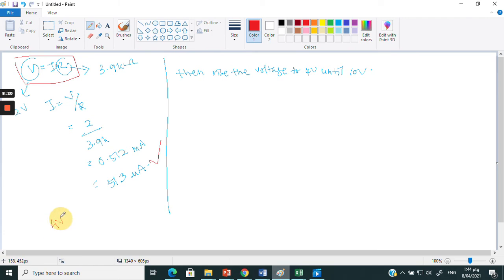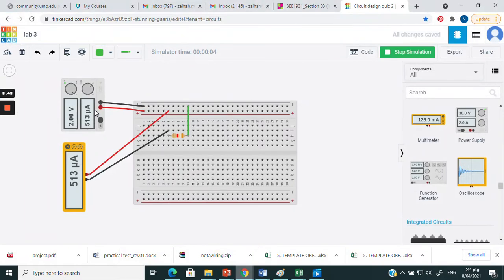Next is gradually change the voltage level to 4 volts. What is the I? So 4 over 3.9 kilo ohm. What will we get? 4 over 3.9 shift kilo. So you will get 1.025 milliampere. Let's show it inside the Tinkercad.